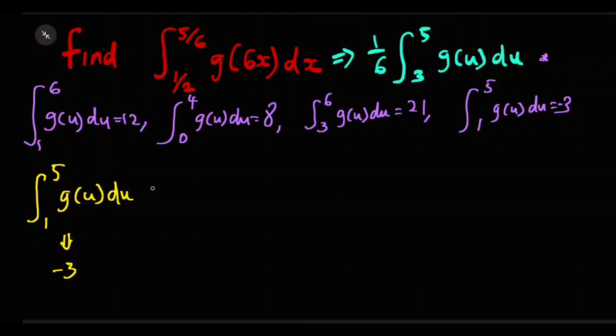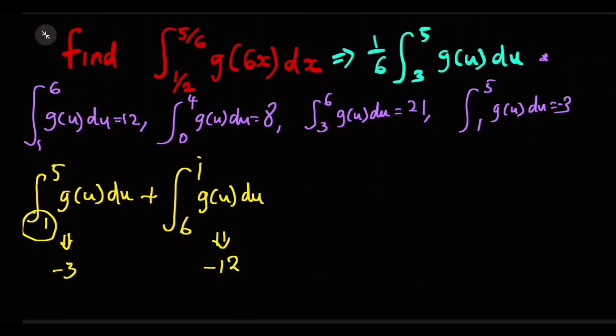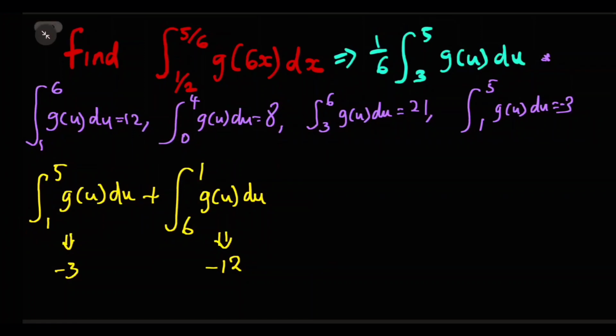So now I'm going to have plus from 1 to 6, and this would be equals minus 12. So it means now I can cancel this, but this leaves me with a new lower limit of 6.